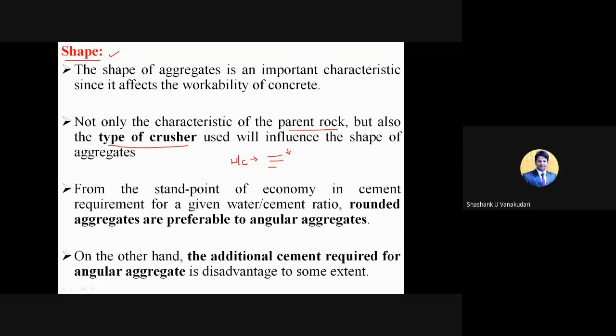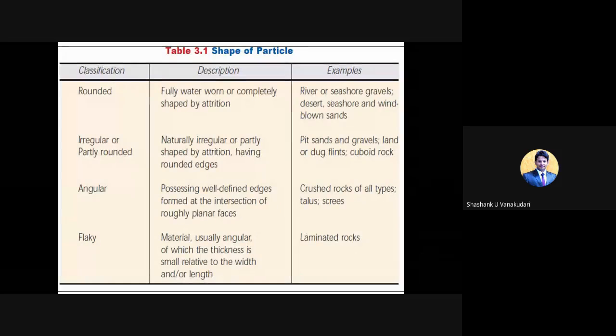Again, you need the fine aggregate parts just to fill that gap portion, so that it gives the maximum strength in the structures. Here you can see with respect to the Indian Standard Code books how exactly the shape of the particle should be.